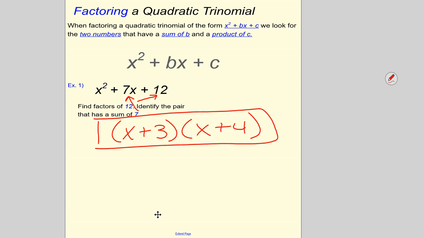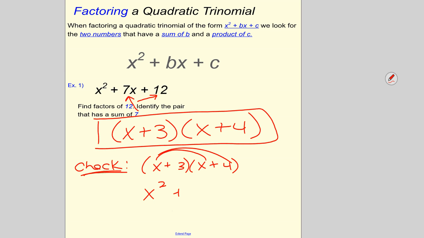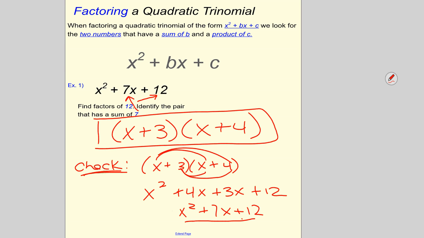So to check, I would take x plus 3 and x plus 4 and multiply them together and combine my terms. You can see that when I check my answer, it is the same as this original problem here. Because I got the same thing, that means I factored correctly.